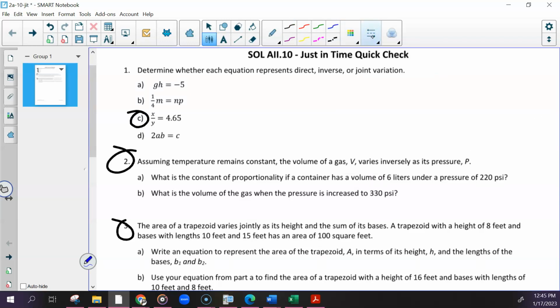Alright. Starting with 1C, you had to determine are these direct, inverse, or joint variations. This almost looks like direct, but it's x over y, not y over x. So we'd have to solve it for x, multiply by y on both sides, so that it gets out of the denominator.